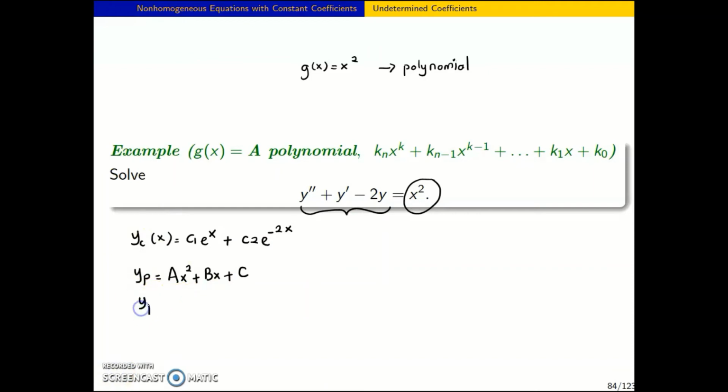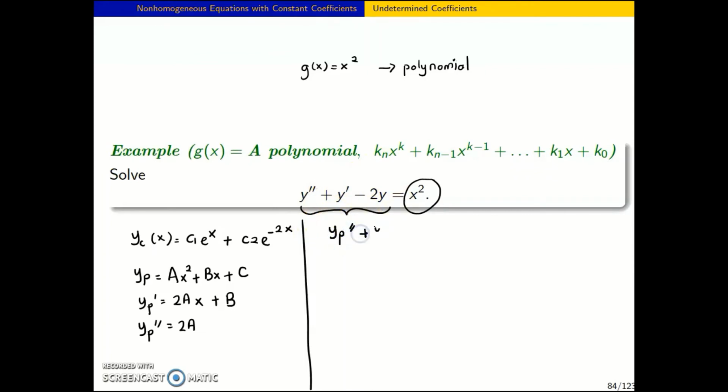Differentiating once gives me 2ax plus b. Differentiating twice gives me 2a.